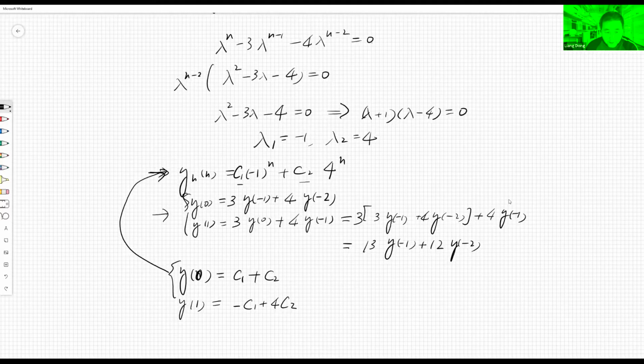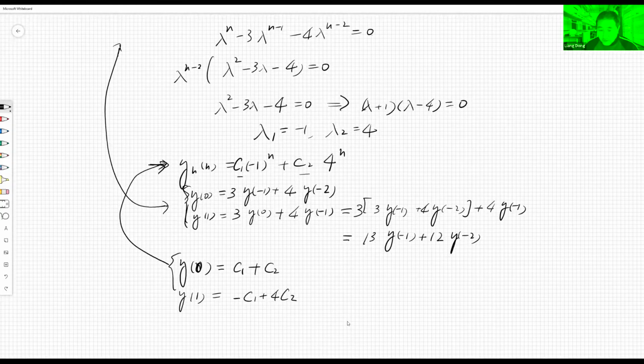And these two lines, they coming from my original difference equation. Let me just write out. This is coming from my original difference equation, and that should equal to each other. So basically, we have here, let me just write out one more.